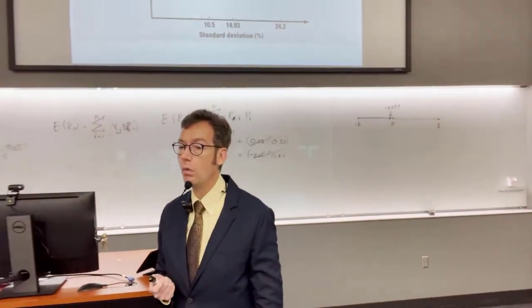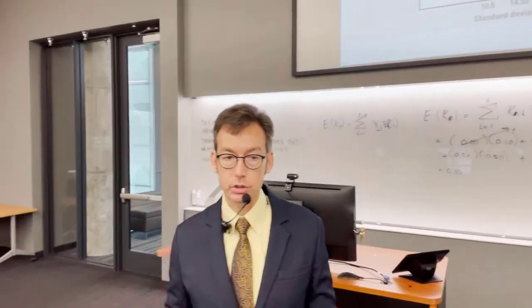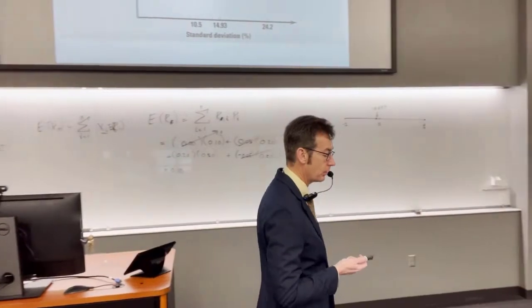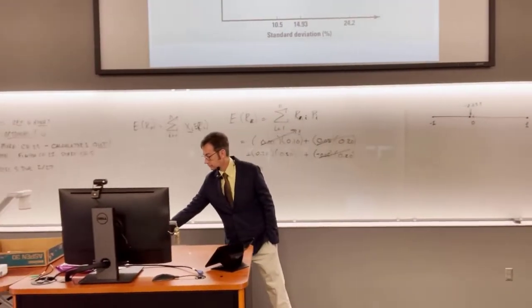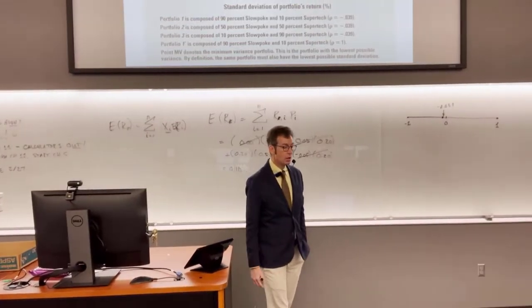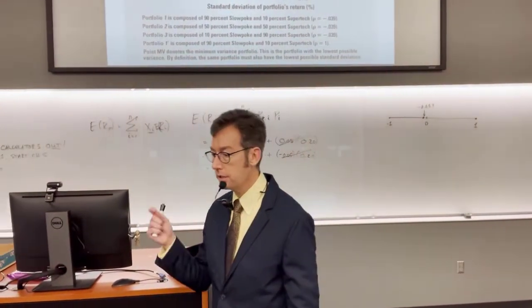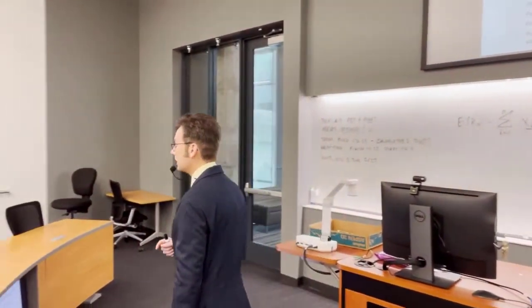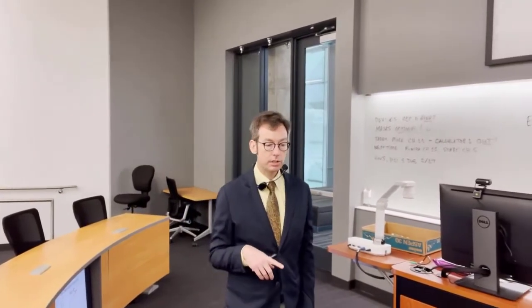You're getting more return for the same risk, or less risk for the same return with the portfolio than you would be if there were no diversification benefit whatsoever. And it turns out we can go ahead and for every possible combination of Supertech and Slowpoke, we can actually generate an entire curve that shows what the risk and return of each of those portfolios would be.